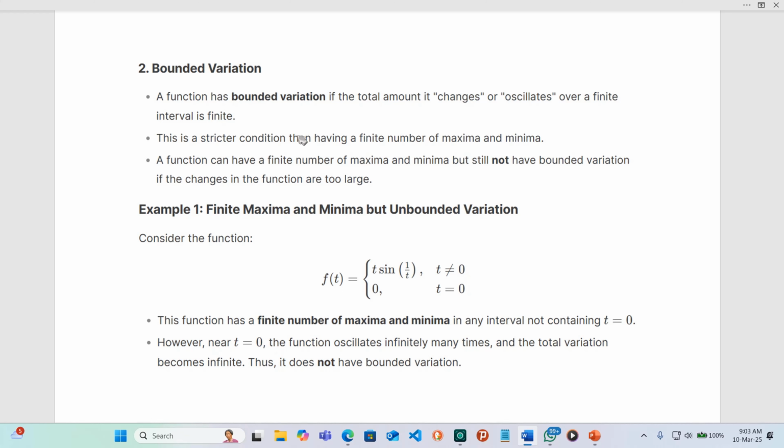Maybe you can say it has changed 2 times, maybe 3 or 4, but it has to be finite over that interval. This is a stricter condition than having a finite number of maxima and minima. The function can have a finite number of maxima and minima, but still not have bounded variation if the changes in the function are too large.